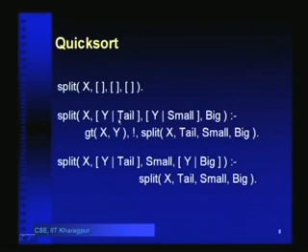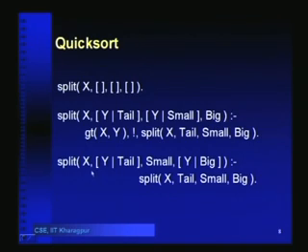What do you mean by split the remaining part of the original array? The remaining elements in the original array will also have to be distributed into small and big. So, the remaining part is this tail, and the remaining part of the small list is this small, the remaining part of the big list is this big.